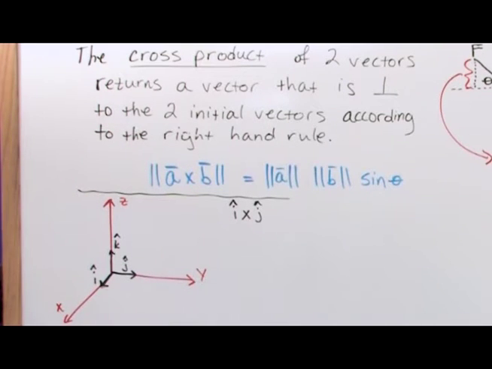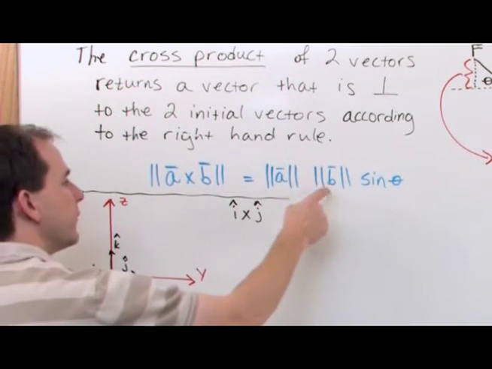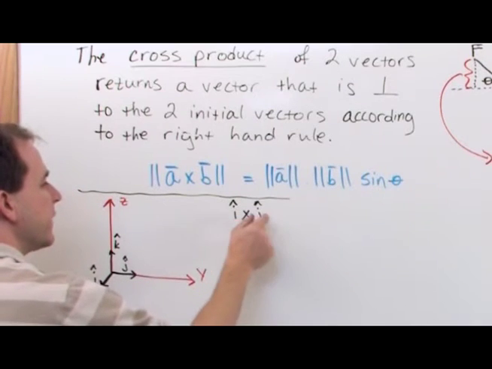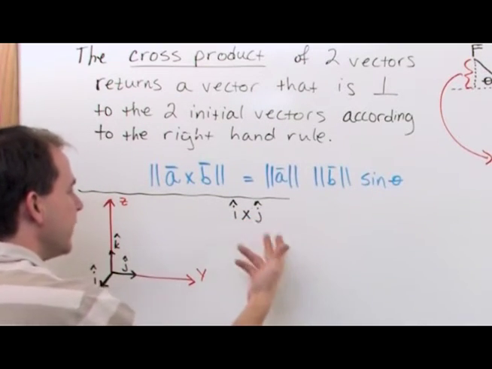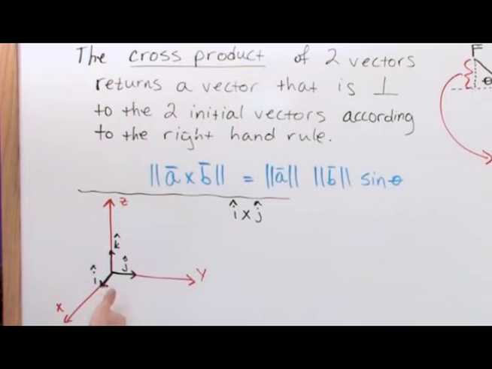And the direction, let's use the right-hand rule, i cross j. If you can imagine cutting into i like this and crossing into j like this, you'll be pointing up. So the answer is a unit vector of length 1, because 1 times 1 times the sine of the angle between them is 1, pointed up.